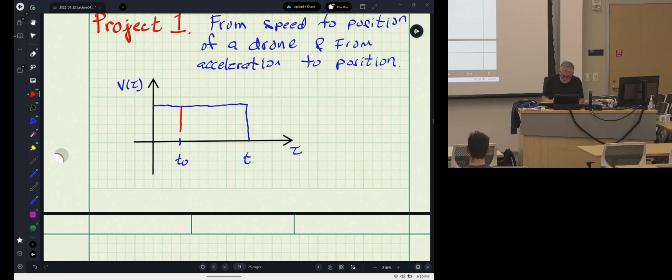And ultimately, we're going to have a time t0 to t, and it doesn't have to be 0.